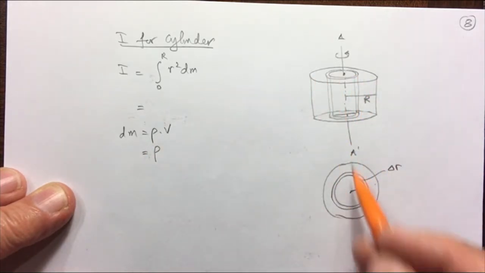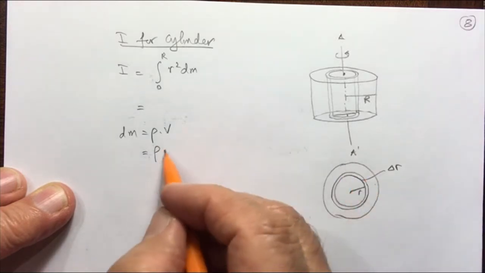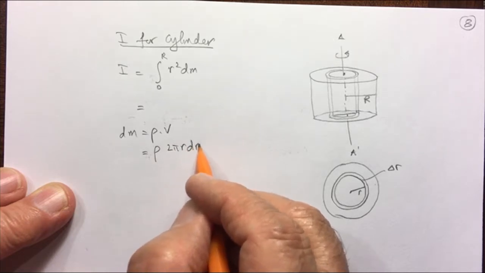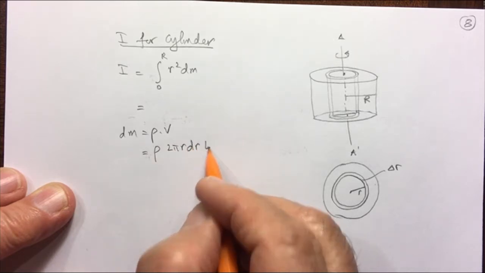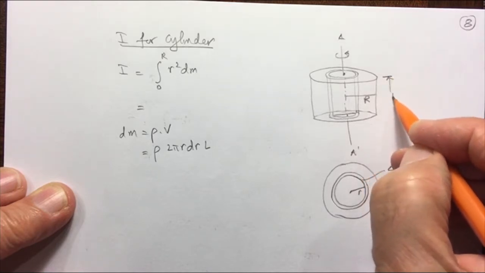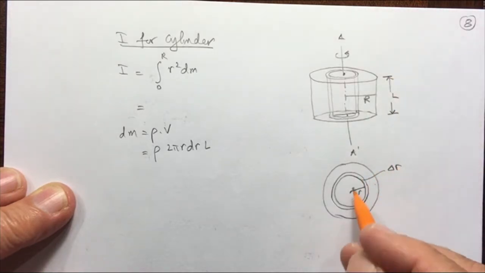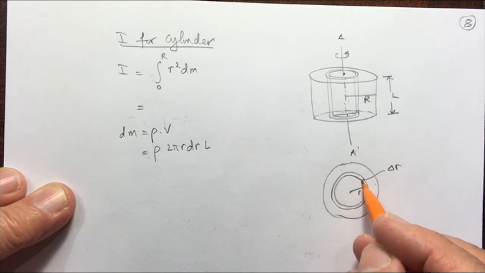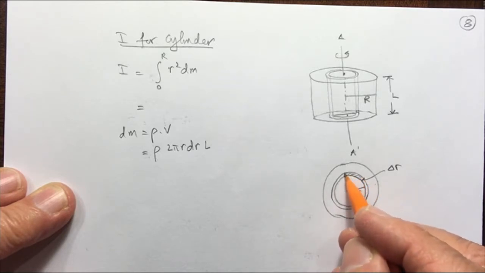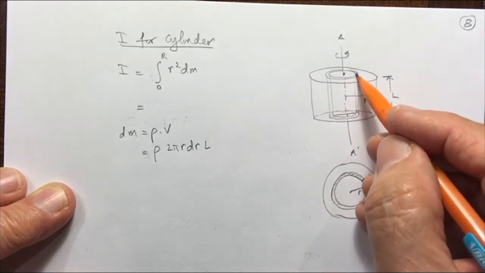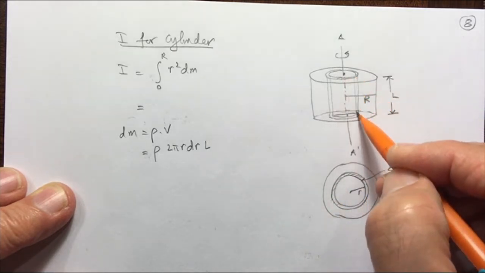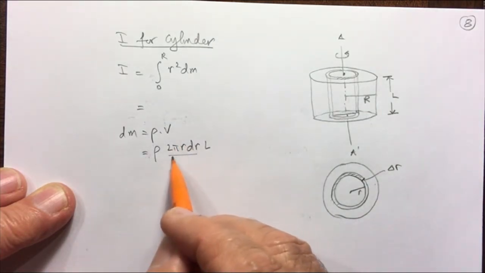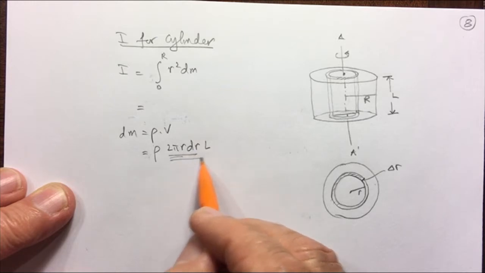The volume of this shell is going to be 2 pi r dr L, where L is the length of the cylinder. 2 pi r is the circumference times the depth becomes the area, and the area times the length becomes the volume.